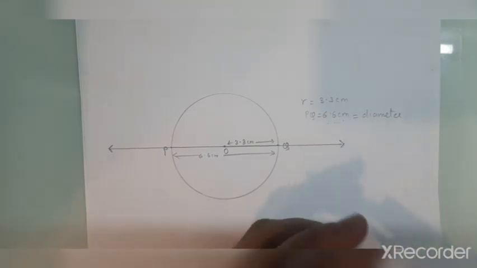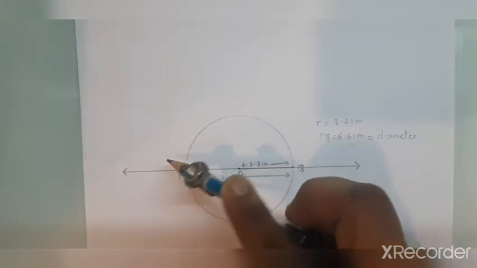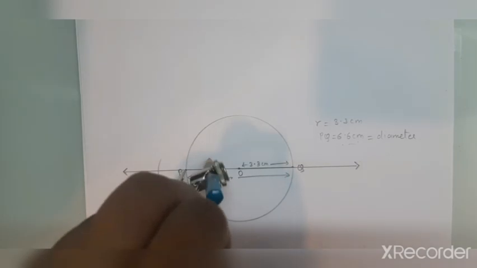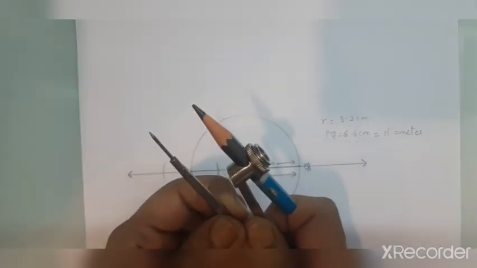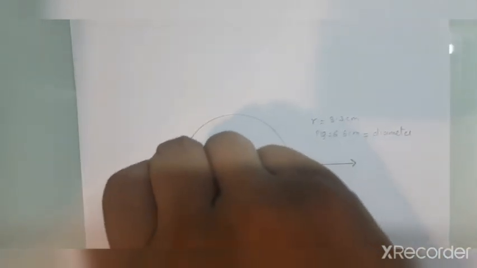Same method. I'll take the compass. I'll keep the pointer on P. Okay. Make an arc on both the sides. Now I can adjust, make it a little bigger. I keep the pointer on this one arc, I make an arc at the top and down.